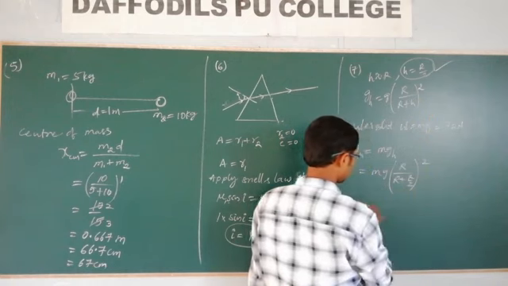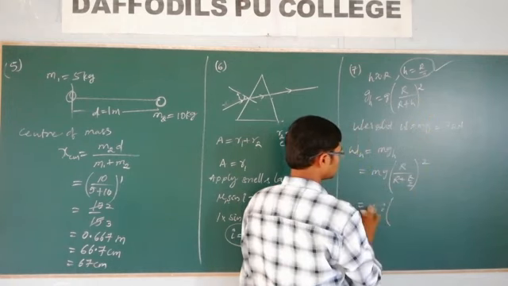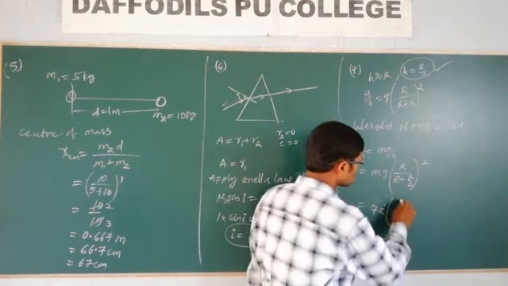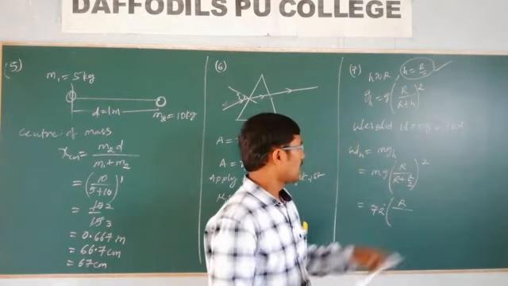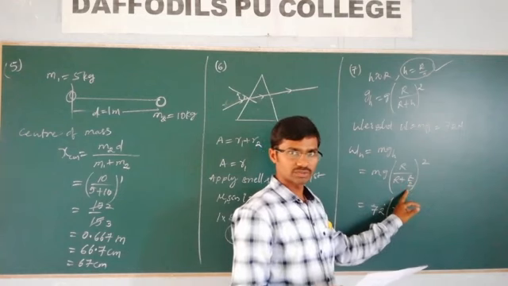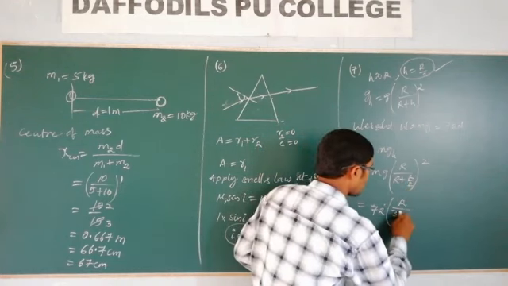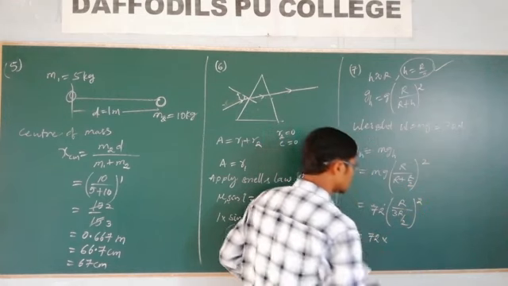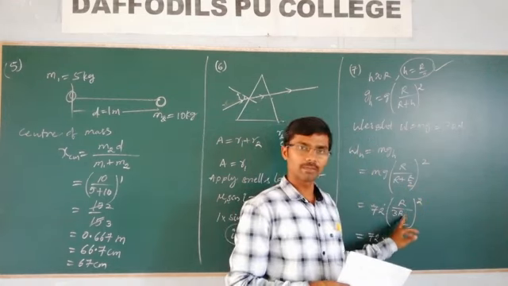That is equal to mg, which is 72, into R by (R plus R by 2), which is 3R by 2, whole square. That is equal to 72 into 2 by 3 whole square.